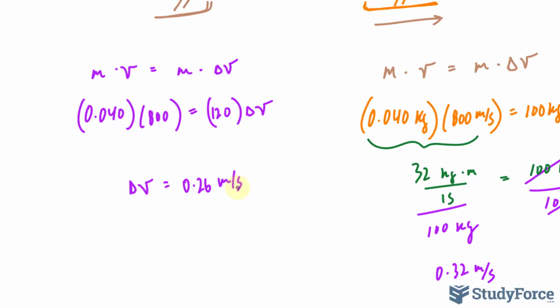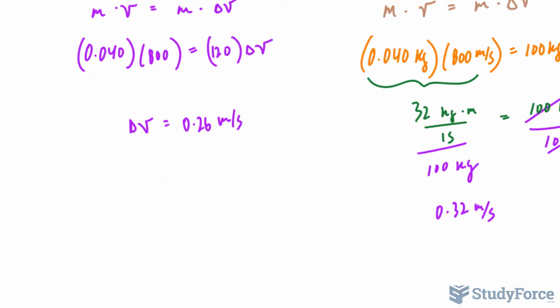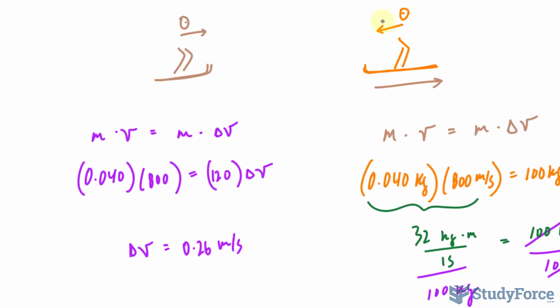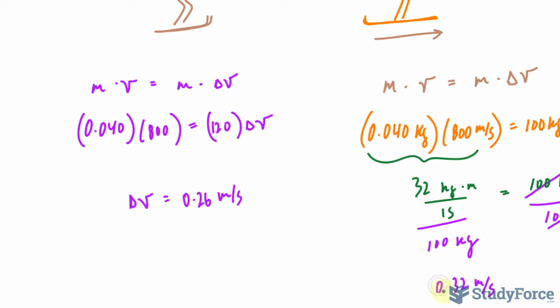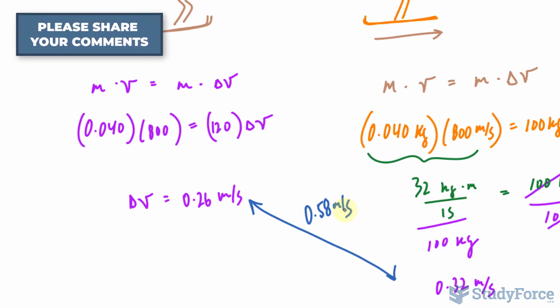Now comparing these two numbers, this one and that one, not only is James Bond increasing in speed every time he shoots behind, but he's also going faster by 0.06 meters per second. If we combine these two numbers, 0.26 plus 0.32, we get 0.58 meters per second if these two people were to shoot simultaneously in the opposite direction.